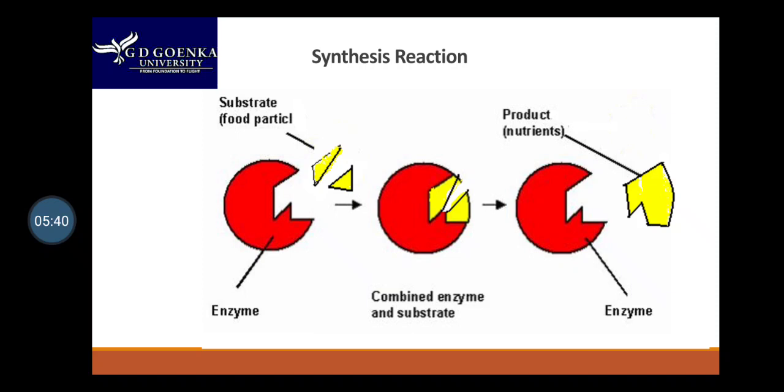Now you can see the combined enzyme and substrate has formed, and at the end you can see the product, which is a bigger molecule, has been detached from the enzyme active site. The enzyme is again free to bind another reaction. So this kind of enzyme is a synthetic enzyme which synthesizes new, larger molecules from small molecules.